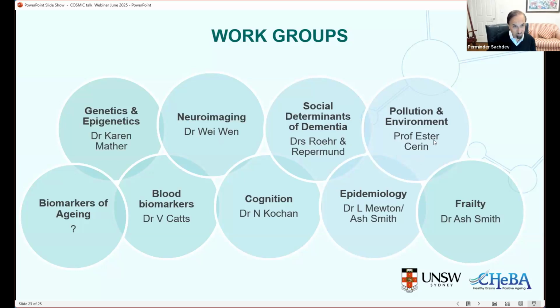A pollution and environment work group is developing. A blood biomarkers work group is developing. There's, of course, interest in cognition, neuropsychology, and epidemiology with prevalence, incidence data, and risk factors. Frailty is another area we want to develop, and biomarkers of aging. And of course, we are going to invite other people to propose work groups and develop membership of work groups so that work can actually expand and grow exponentially.